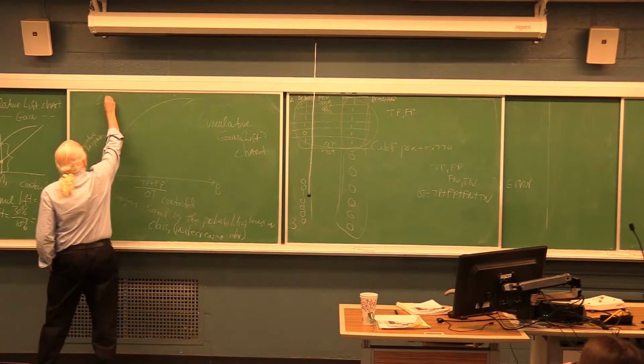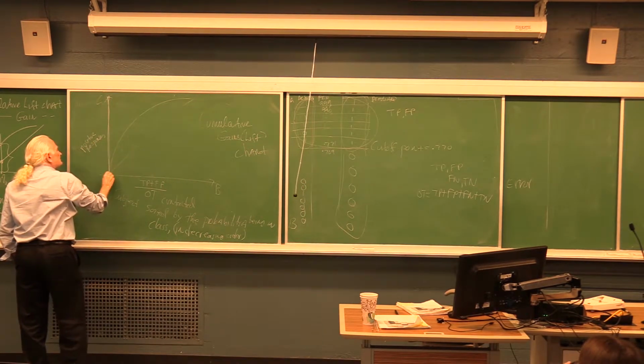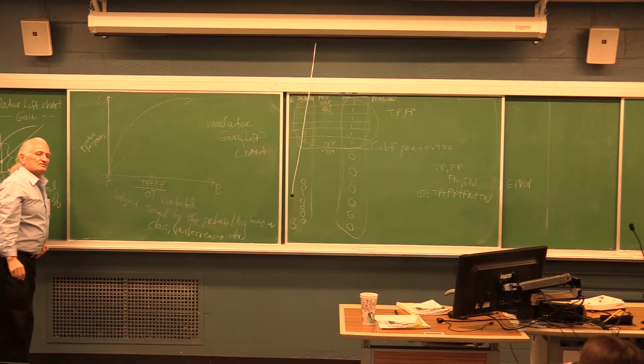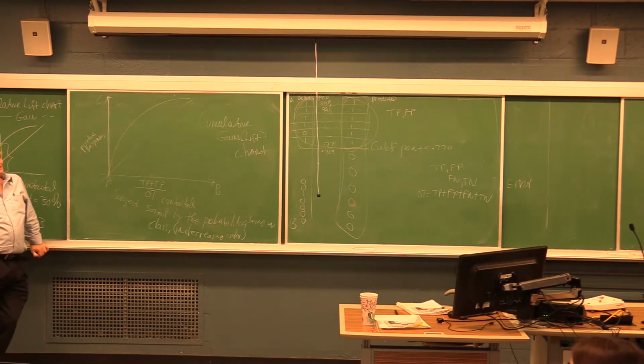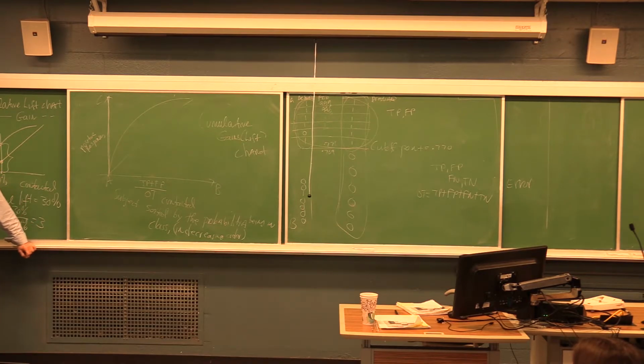And here is the number of ones, right? Actuals who are also predicted to be actuals. The actual ones who are predicted to be ones.